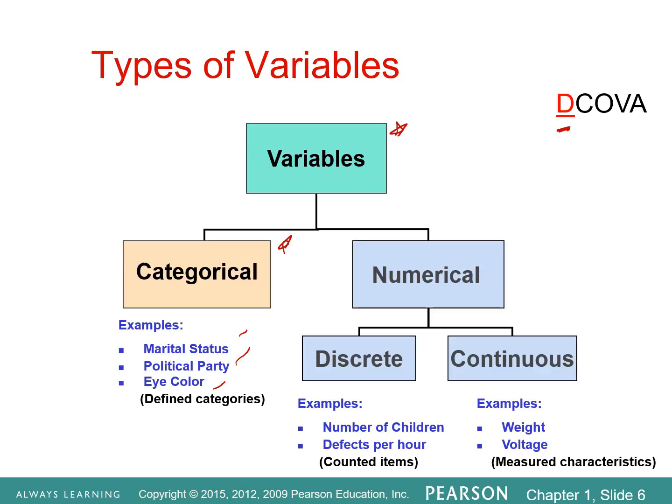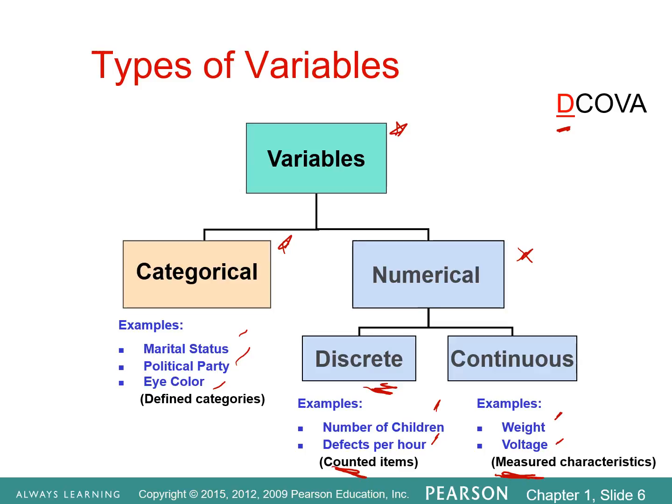Now there's numerical information, for example, the number of children or the number of defects per hour, or what is the weight of each individual in the classroom, and you have to measure that, or the voltage. So again, number of children, defects per hour are discrete examples, or they are counted items. The numerical continuous are measured characteristics.